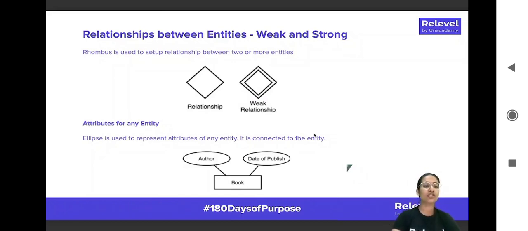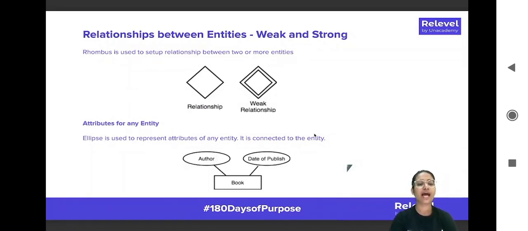So a rhombus shape is used to represent a relationship between two or more entities. If the relationship is a simple rhombus box, it is a normal relationship. Whereas if you have two rhombuses stacked inside one another, then it is a weak relationship. We'll talk more about that in detail.